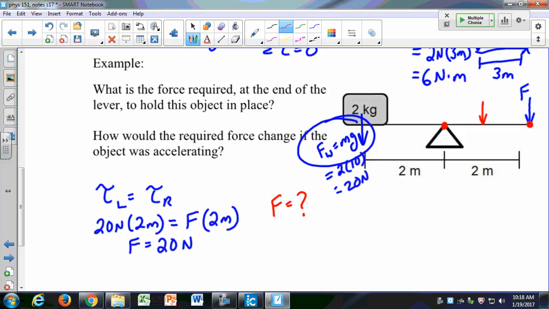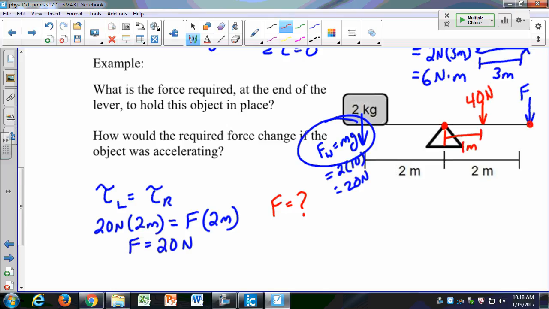I want you to take a stab at that. What do you think that force is? Is it going to be bigger, smaller, or the same as 20 newtons? It's going to be bigger. By how much is it going to be bigger? By 2. So what's the value going to be? 40. Right. So the force required at this point, which is 1 meter from the axis of rotation, is going to be 40 newtons.